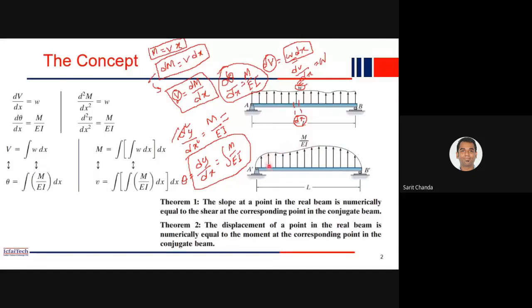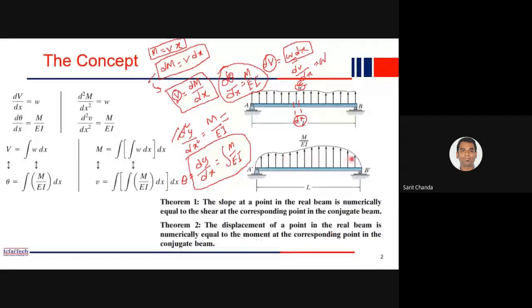This imaginary beam is called the conjugate beam. One is the original beam, and from the original beam we draw a conjugate beam. In the conjugate beam, what is the loading? The loading is nothing but M by EI. Whatever the M by EI diagram of the original beam is, that will act as the loading in the conjugate beam.